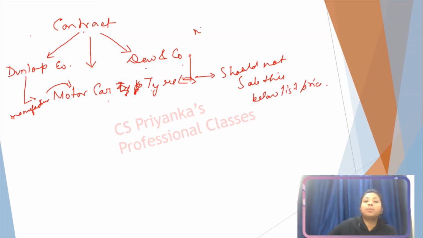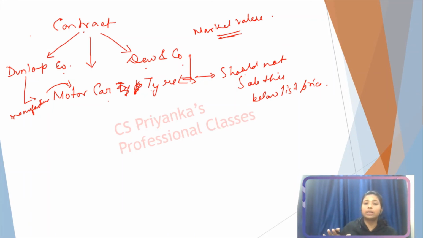Whatever will be the market value or the sell price, the buyer should not sell it below this market rate. Got it? So in case Dunlop Company is selling this tire to Dew and Company for rupees 10, then Dew and Company should not sell this motor car tire below 10. They have to sell it either for rupees 10 or more.